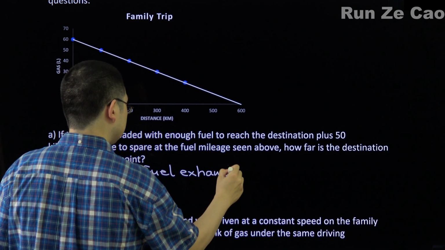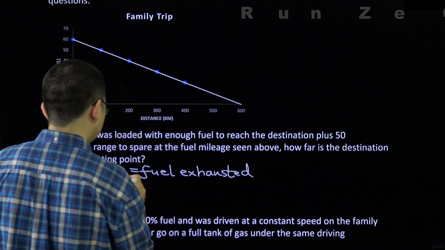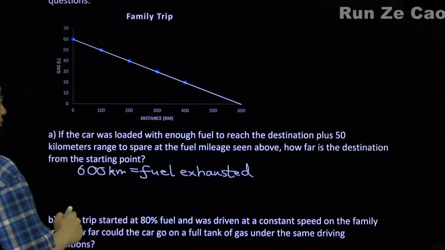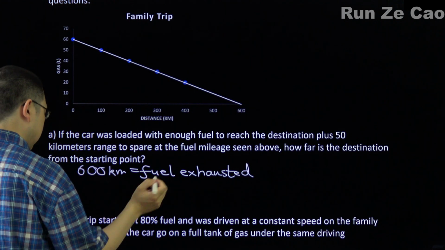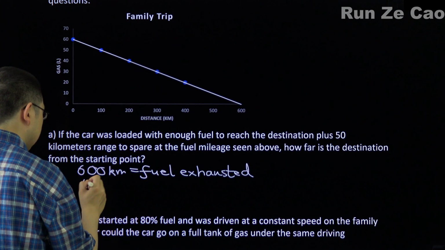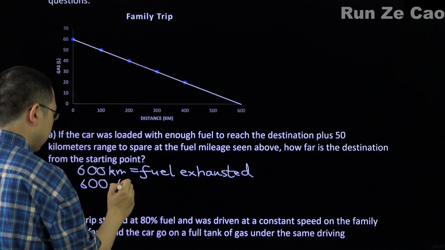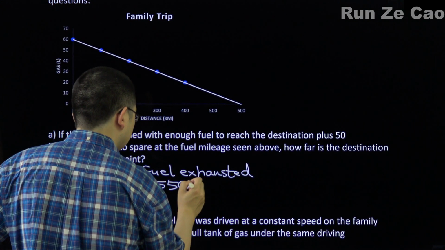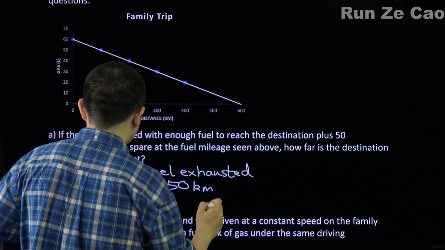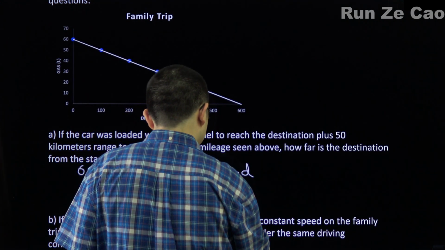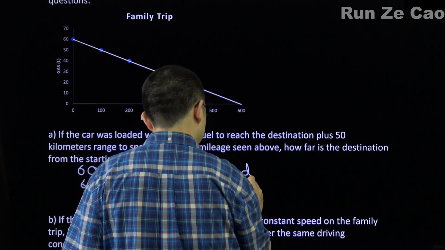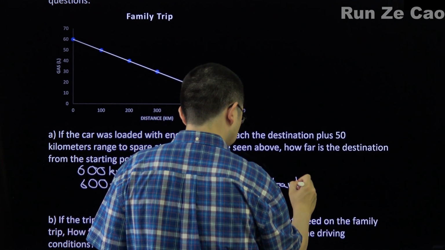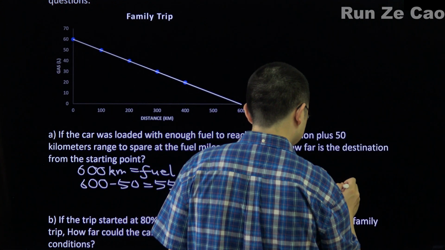Therefore, we have 50 kilometers range to spare. That means 600 minus 50 equals 550 kilometers from start to destination.